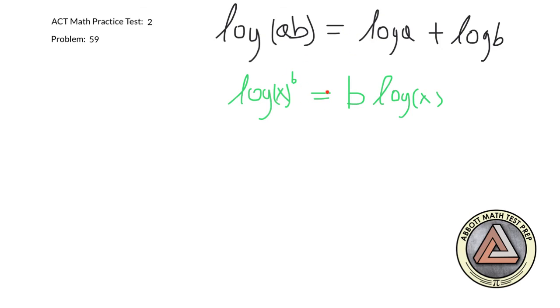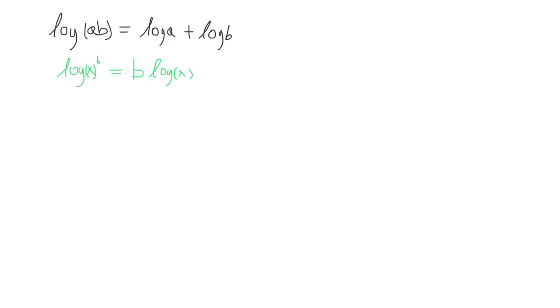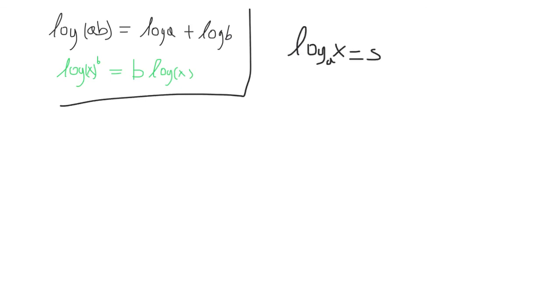It turns out that these are the only two principles you really need to know for this particular problem. So I'm just going to move everything over here. We're going to use that as a reference as needed. They tell us log with a base of a, x, equals s.